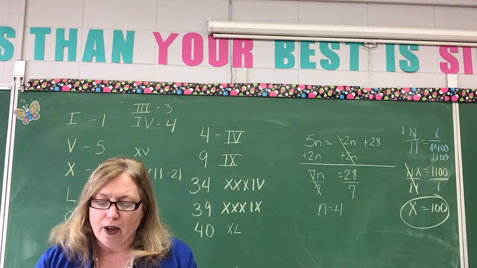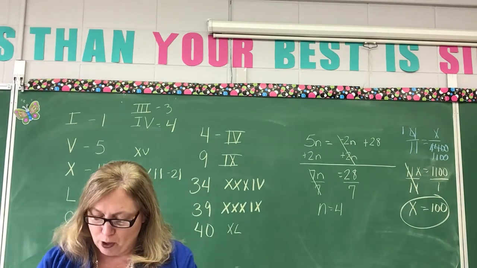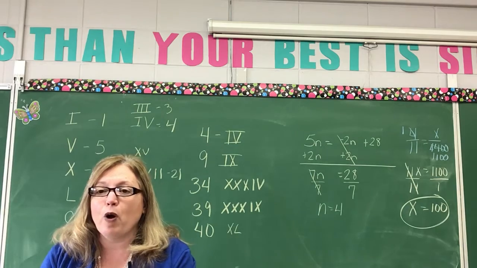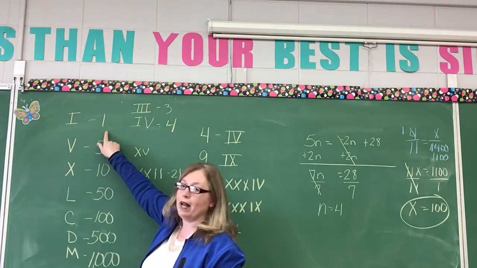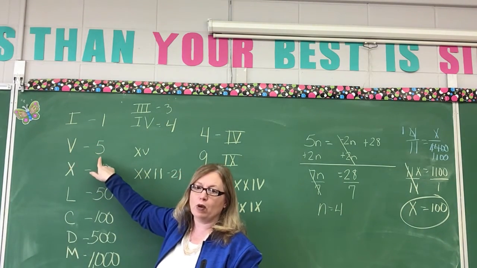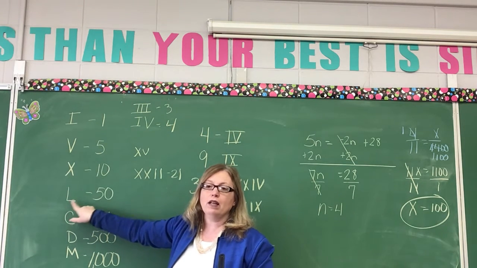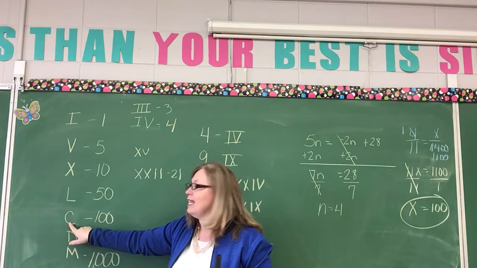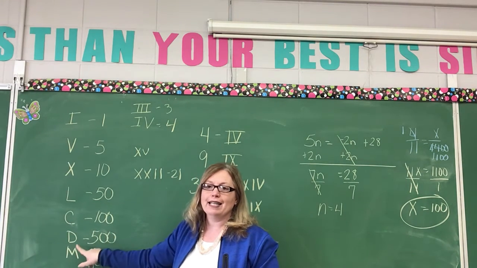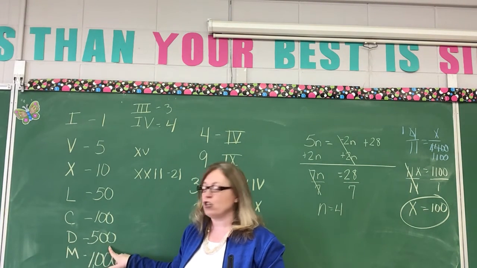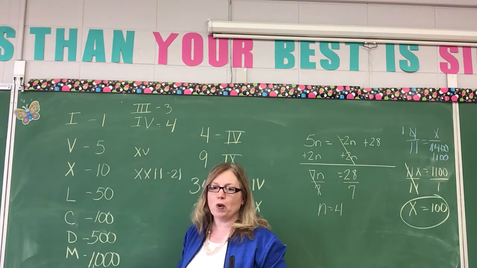Okay, let's review about Roman numerals. Let's go over the Roman numerals real quickly again. The Roman numeral I means 1. The Roman numeral V equals 5. X equals 10. L equals 50. C equals 100. D equals 500. M equals 1,000.